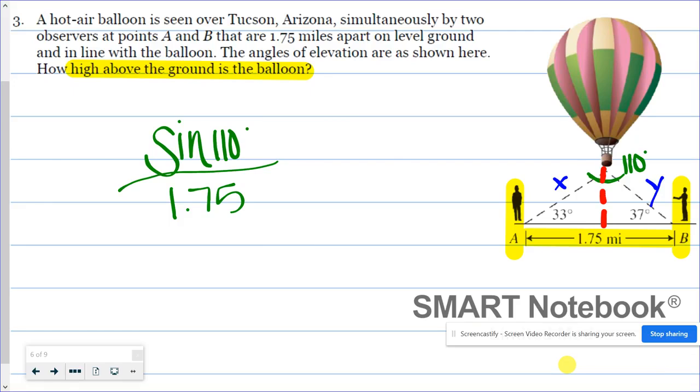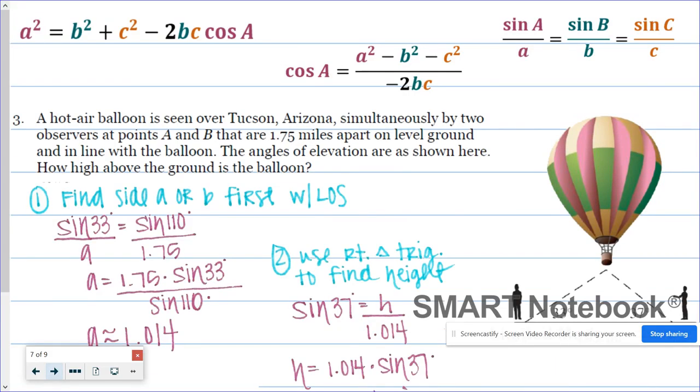But we can use the law of sines to find either the side I'm calling X or the side I'm calling Y. And realize once we know the measure of one of those sides, we will be able to find the height the balloon is above the ground using some right triangle trick. So check it out.